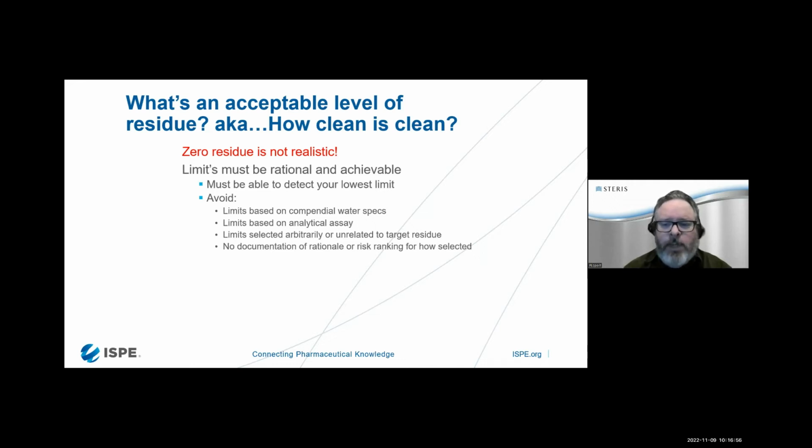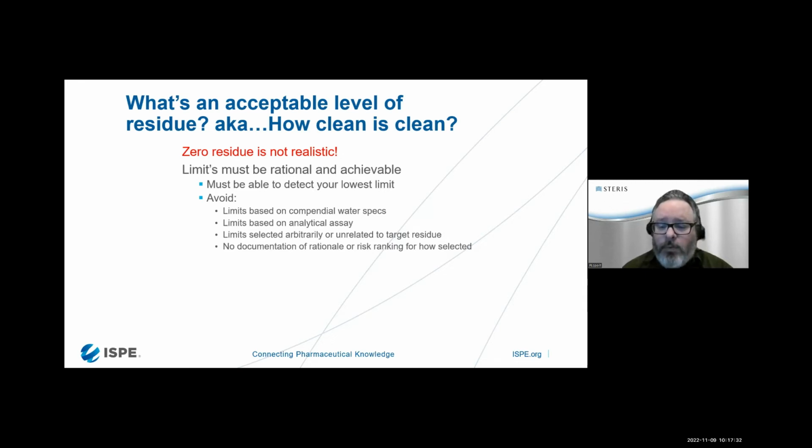So linking them right to compendial water specs, linking them to the analytical assay that's used for your method, maybe selecting it arbitrarily or unrelated to target residue, such as using 10 parts per million. And then also not having documentation in regards to that rationale or understanding of how they were selected.